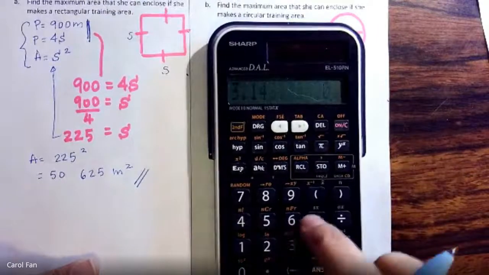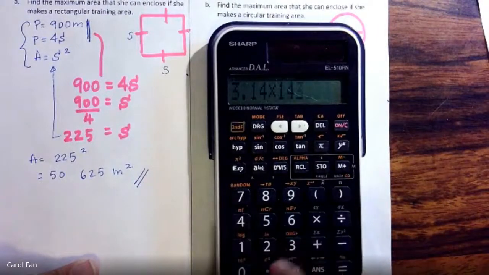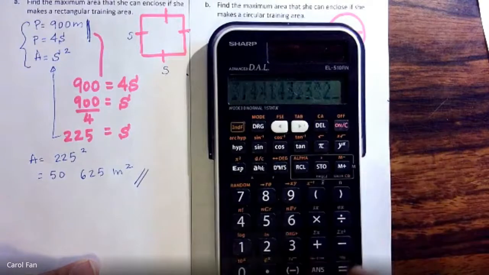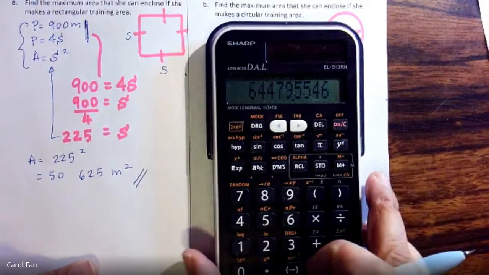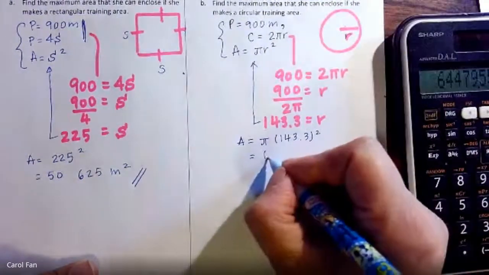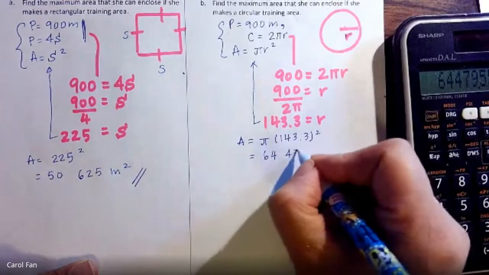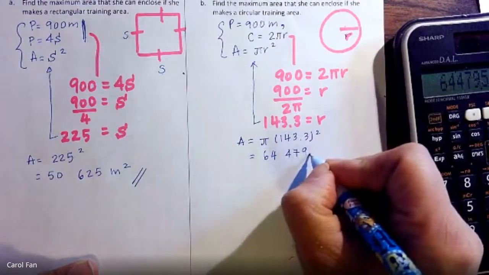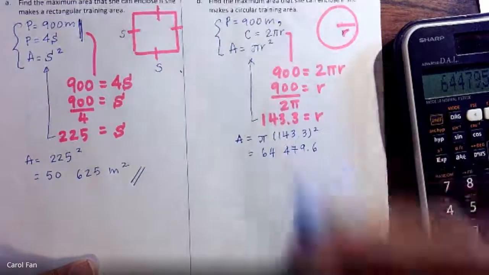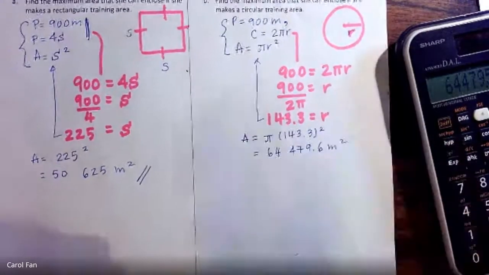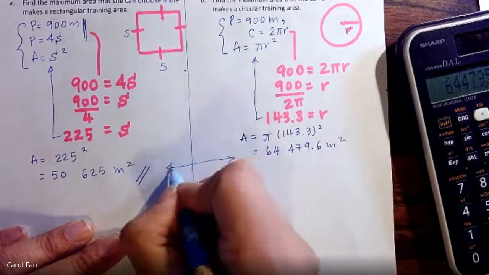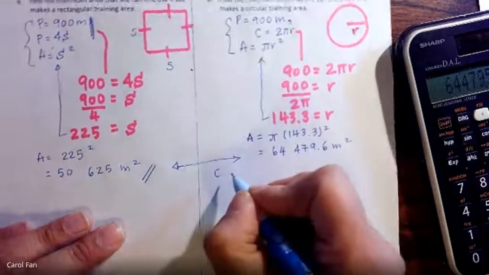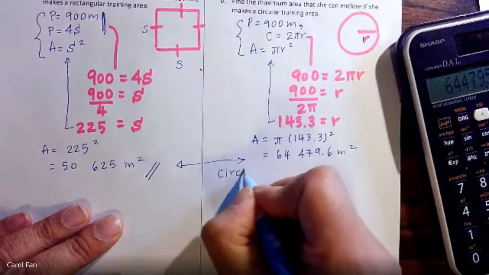Pi 3.14 times radius 143.3 to the power 2. 64,479.55. Round it to 0.6. So comparing our two answers, we see that the circle has a larger area.